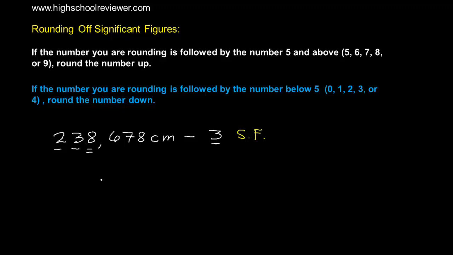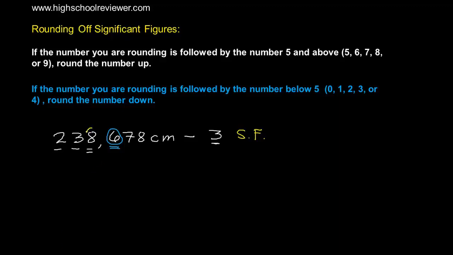We need to base our rounding off on the number to the right of 8. So we are going to base it on the number 6. Based on rule number 1, if the number you are rounding is followed by the number 5 and above, and take note, 6 here is 5 and above, we are going to round up the number.